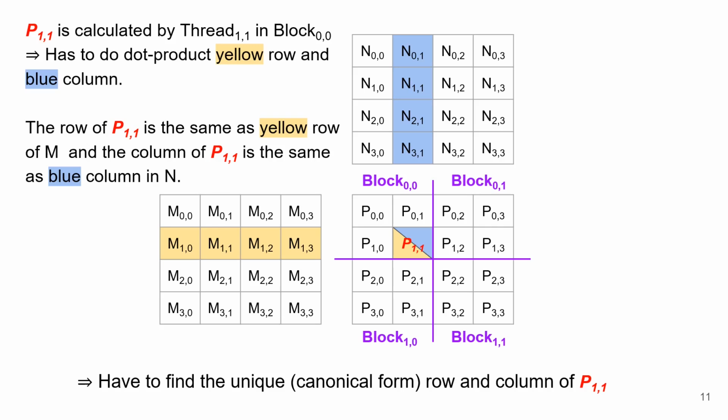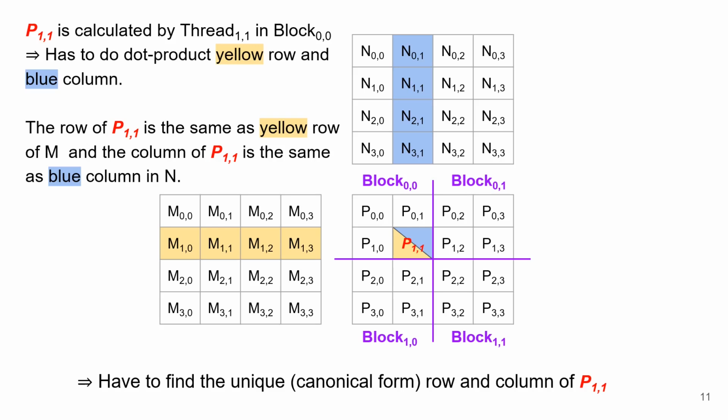Back to the original question. We now know that P11 is calculated by thread 11 in block 0,0. As you can see, knowing thread 11 alone is not enough, because the same thread number exists in other blocks too. So we have to find a canonical form to find the unique row and column numbers for that thread. If we look at the matrix, we see P11 position is on row 1 and column 1 in the P matrix.